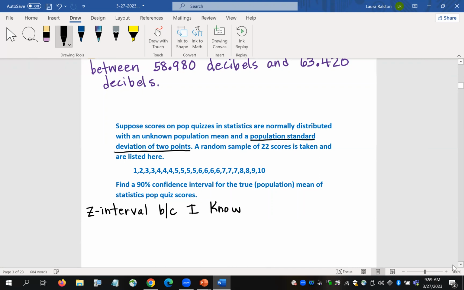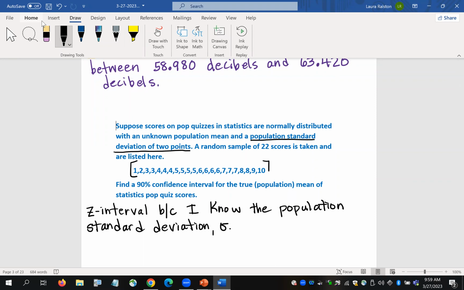We do a z-interval because I know the population standard deviation, which is sigma. What is different about this example and the previous one is that in this example, I'm given the list of 22 scores. I'm given the raw data.